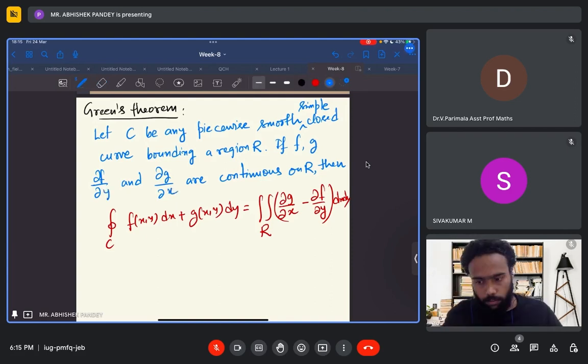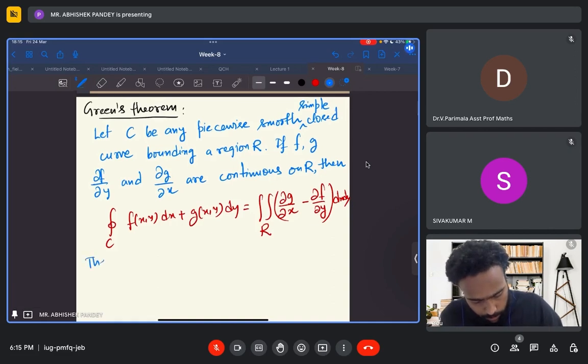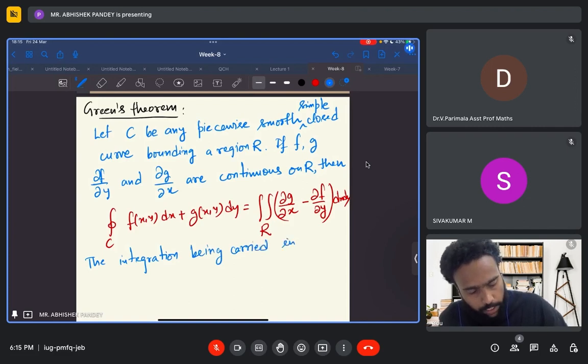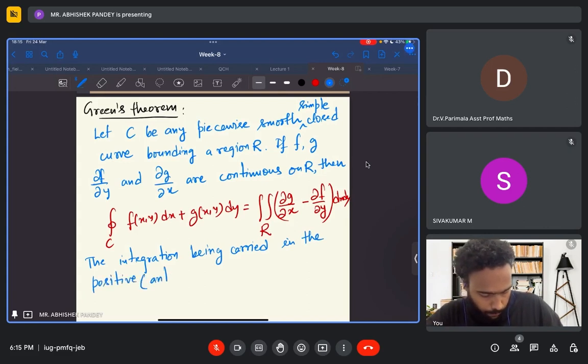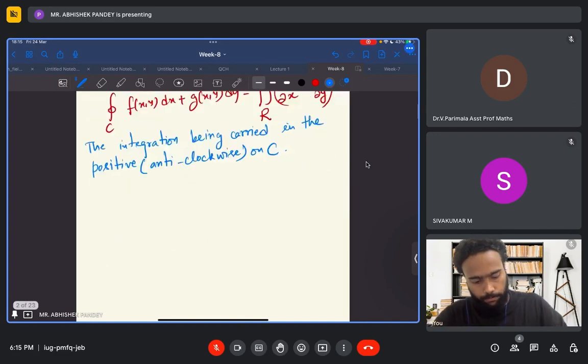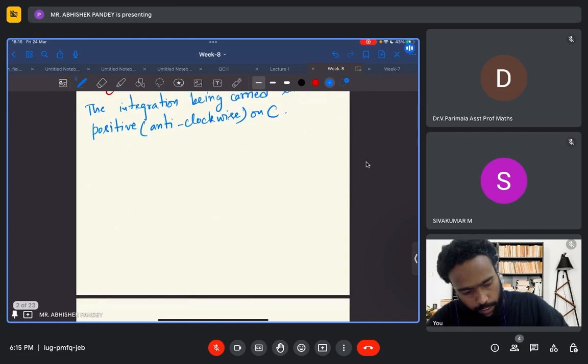And the integration is carried in the positive direction. Positive direction means anti-clockwise on C. So basically, suppose this is your simple closed curve.